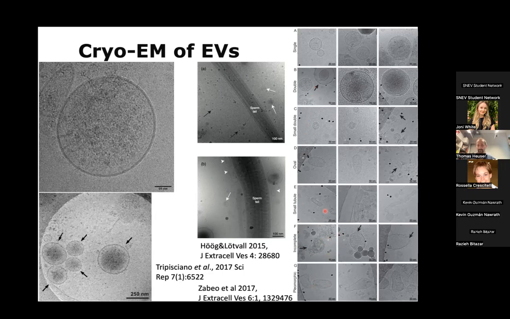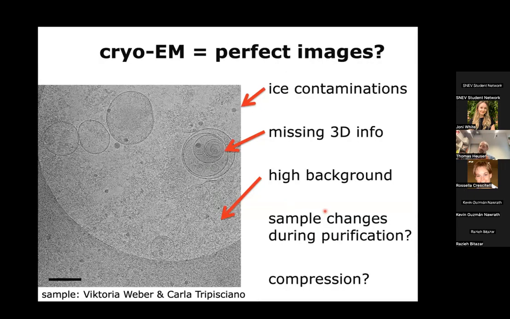Good. So cryo-EM, I told you, allows you to really visualize your sample as close to the native state as possible. So what does that mean? Does that mean we have a perfect image here? Unfortunately, not quite. In all images in cryo-EM, you see these little darker spots here, here, here, or here.